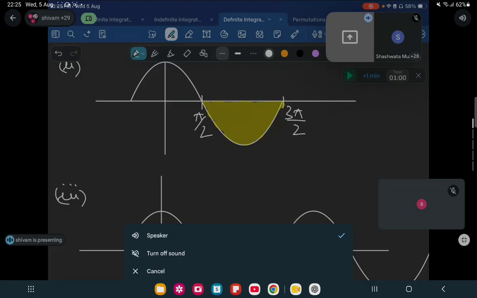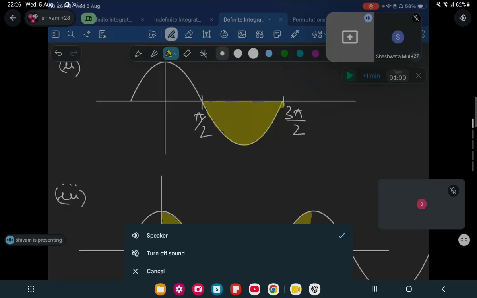Pay attention. Are you people able to see two such figures above the x-axis? And the area below the x-axis is also 2 units.